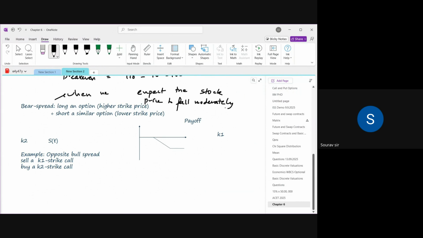It involves buying an option, long an option at a higher strike price, and selling a similar option at a lower strike price, say K1, and here K2. So this limits both profit and risk.